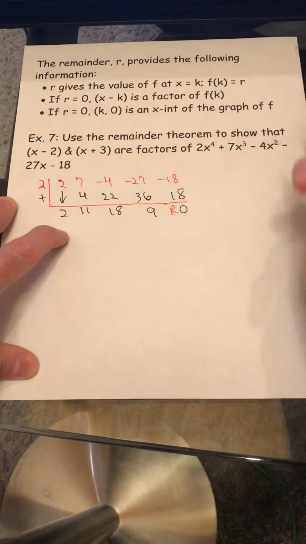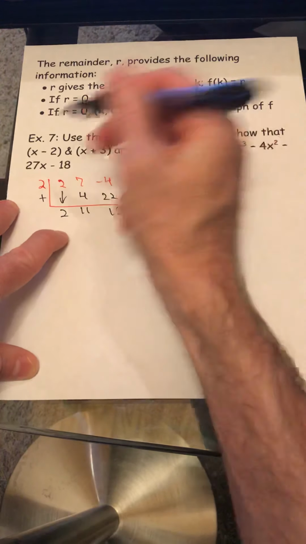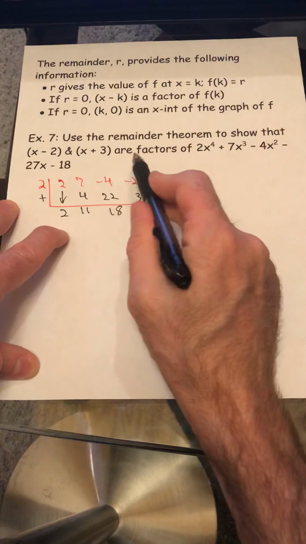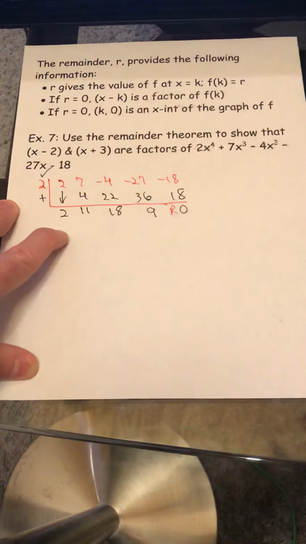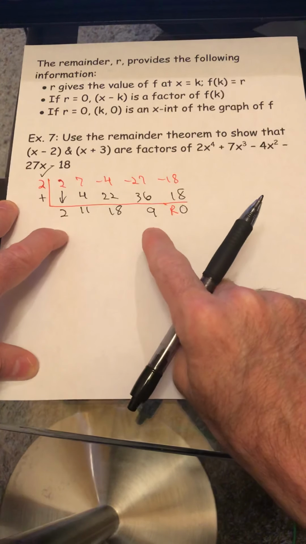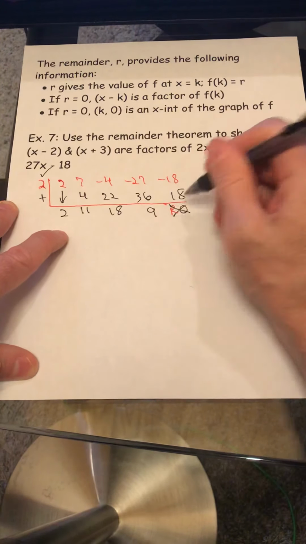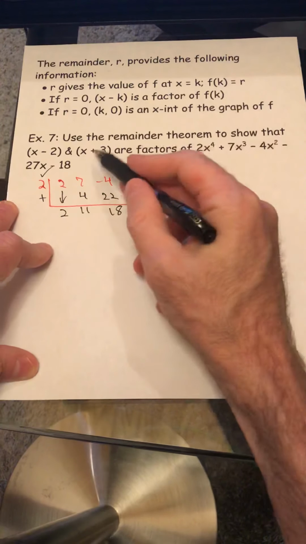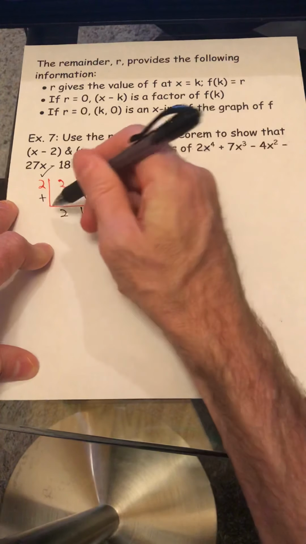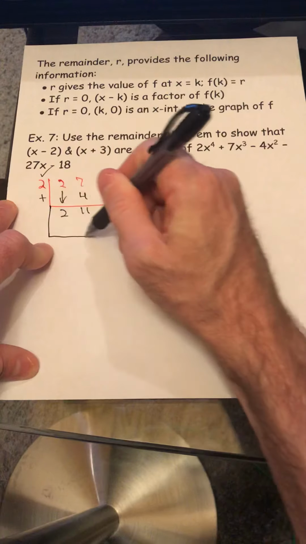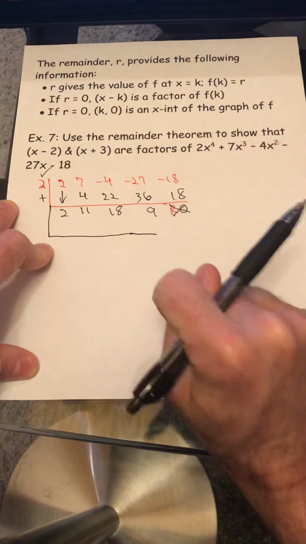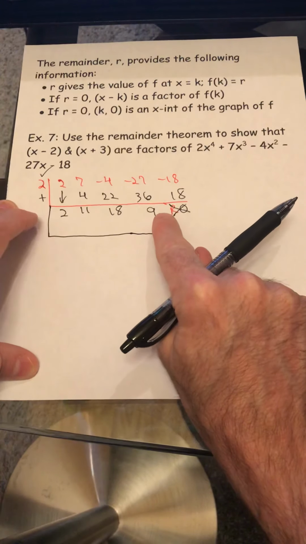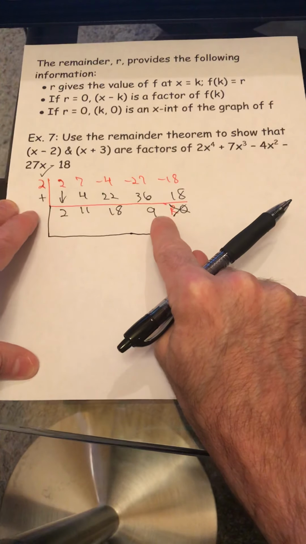Now, it says use the remainder theorem to show that x minus 2 and x plus 3 are factors. Well, we've shown that x minus 2 is. Now, from here, when we do synthetic division for the x plus 3, we can use these remaining numbers, and you actually eliminate a step.